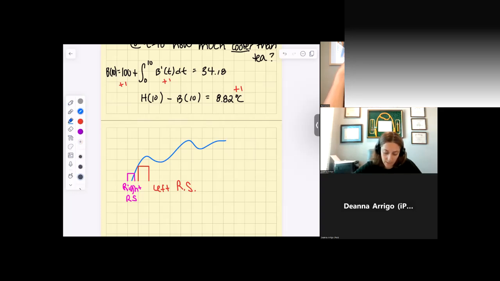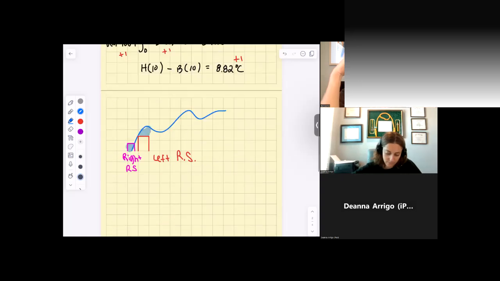I didn't account for this. So that's an underestimation. Whereas if I use the pink rectangle, I overestimated. Look at all that area that's actually not under the curve that I'm accounting for. And then if it was decreasing, it would be the opposite, right?